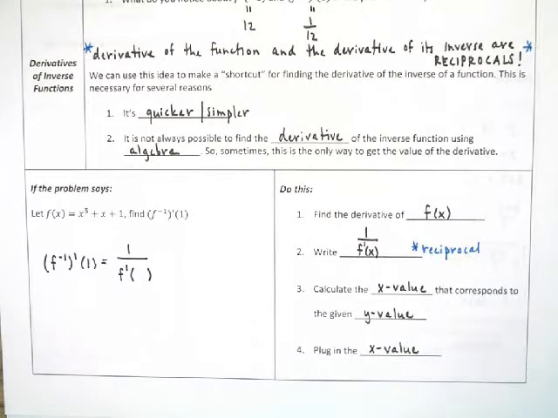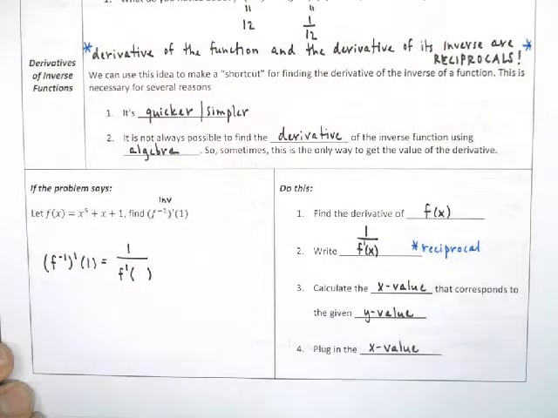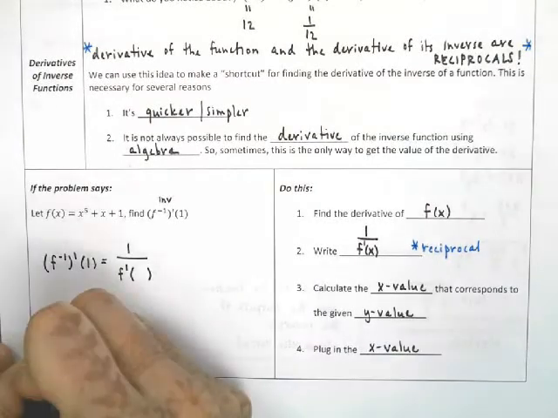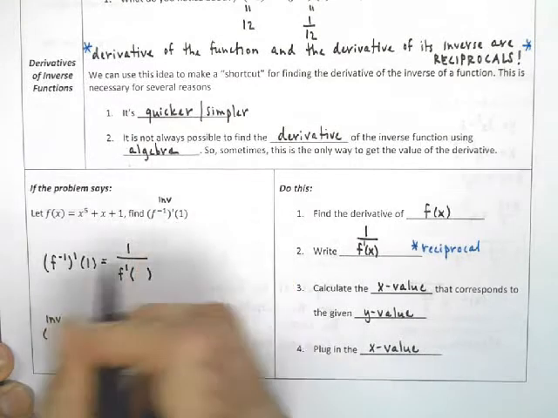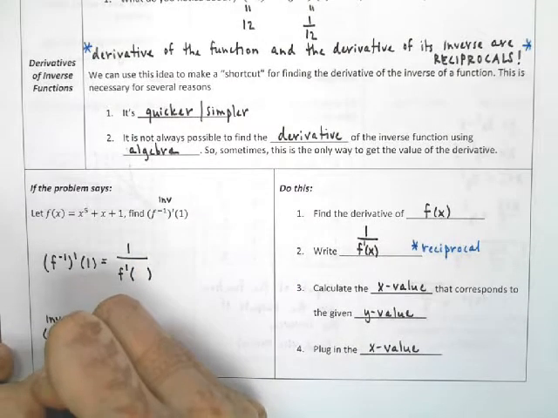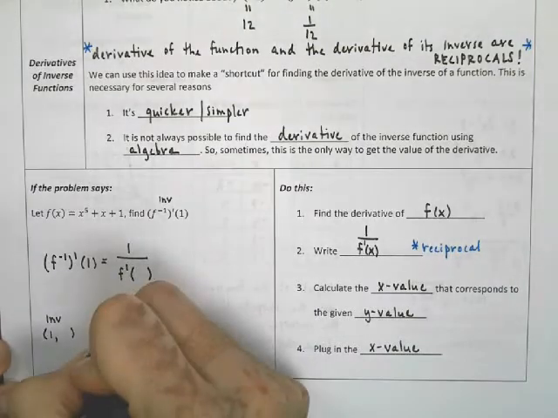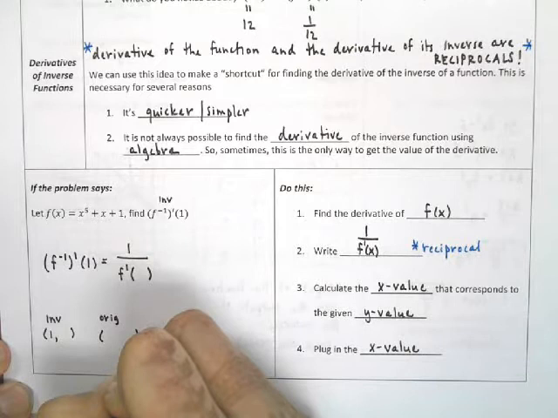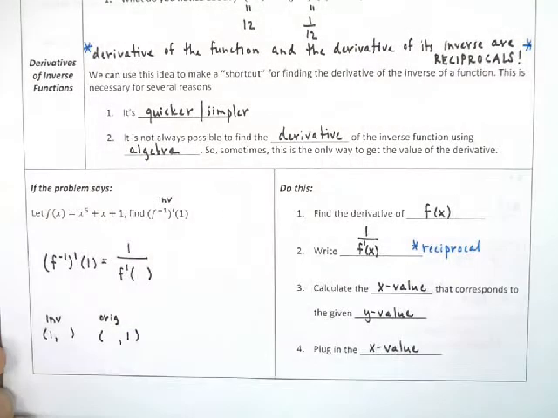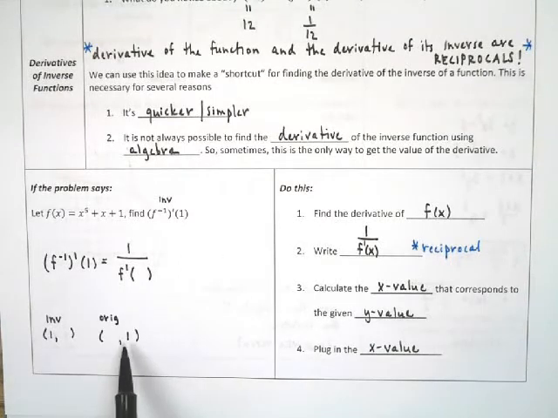This is my inverse function right here. So I know that my inverse has an x value of 1. Based on what we said earlier, that means my original function must have a y value of 1. Remember we said we switched those. The x value of the inverse is the y value of the original.